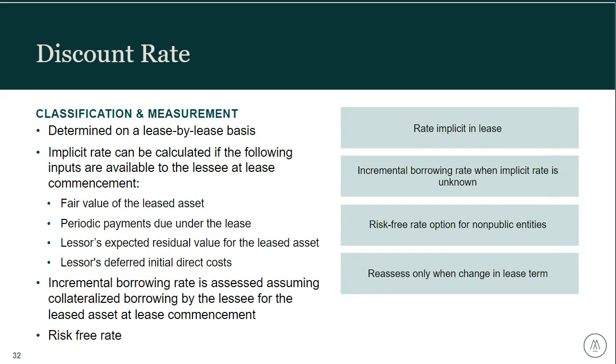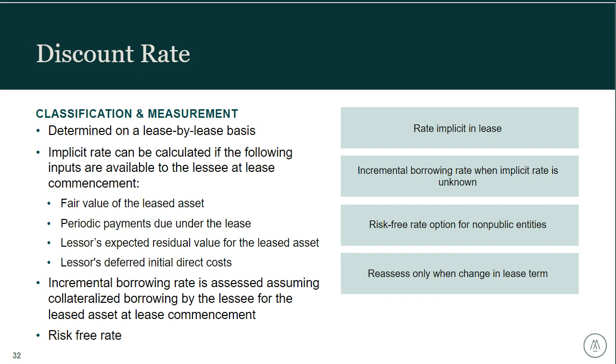So our discount rate, I know a lot of people indicated that was something they feel will be difficult upon implementation. You're required to use the rate implicit in the lease if you are able to calculate it, no matter what other accounting policy election you apply, because we're going to get to a nice gift from the FASB. If you are able to calculate the rate implicit in the lease, you are still required to use that.